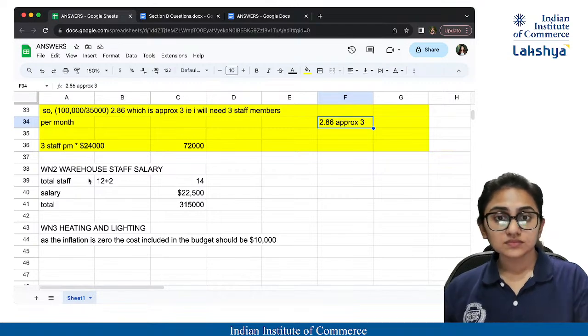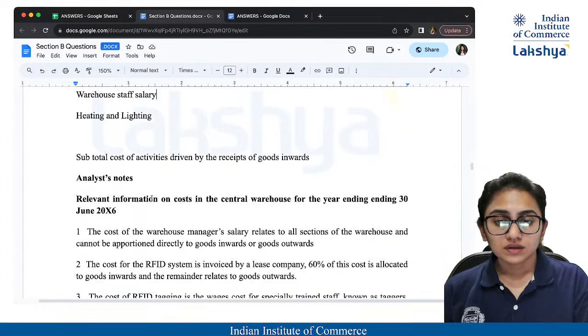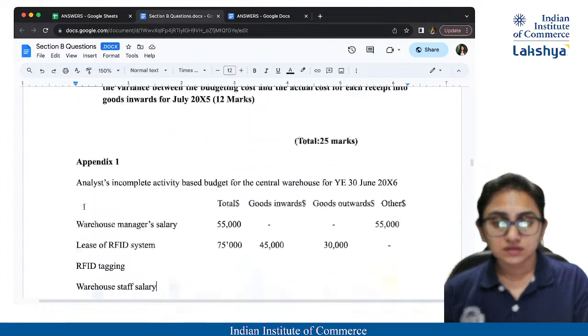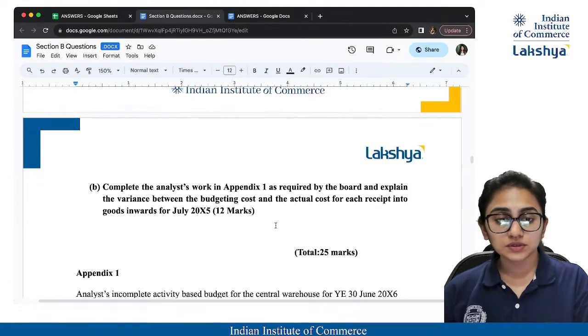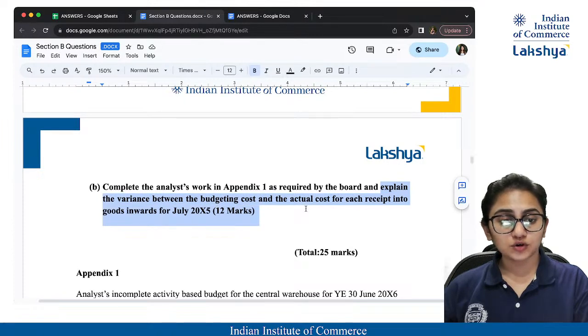So, complete the analysis work in appendix 1 as required by the board and explain the variance between budgeted cost and actual cost for each receipt into goods inwards for July 20x5.